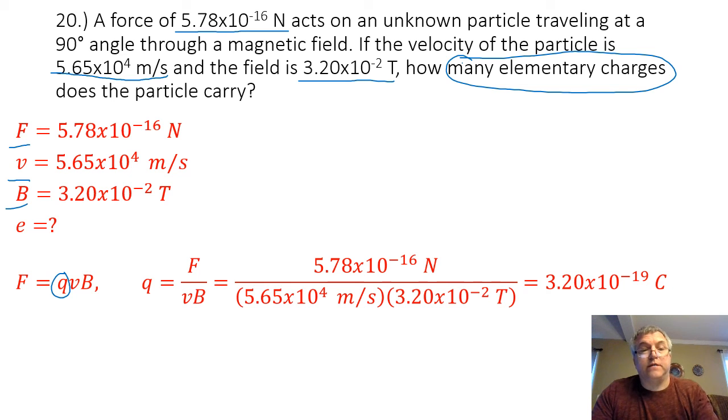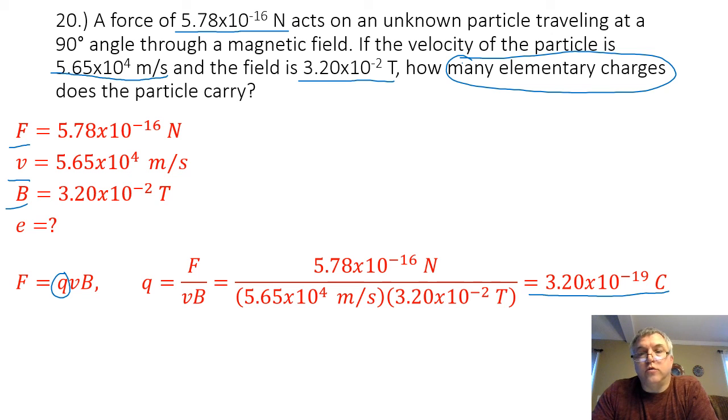So just by process of elimination, I know that I'm going to need to solve for charge. When I solve this equation for charge, I get Q equals F divided by VB, or velocity times the magnetic field. I plug in my known values, and I'm going to get a charge for the particle of 3.20 times 10 to the minus 19th coulombs.